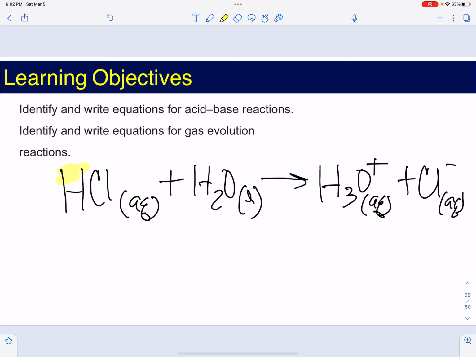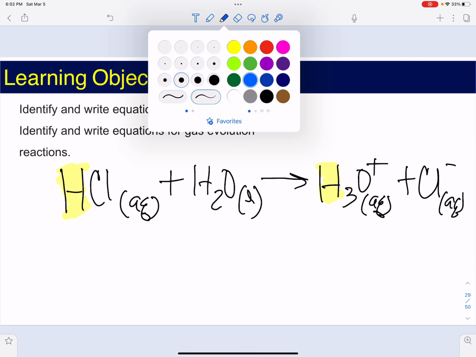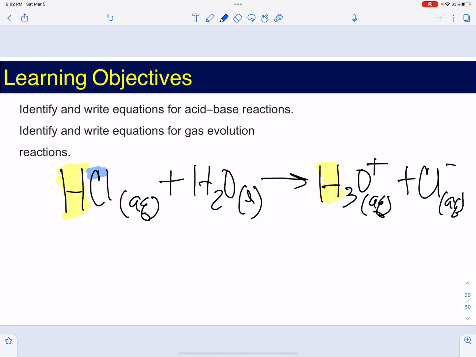We had a hydrogen here, and that hydrogen went with the water. So when the hydrogen left the hydrochloric acid, you ended up with the chloride by itself.